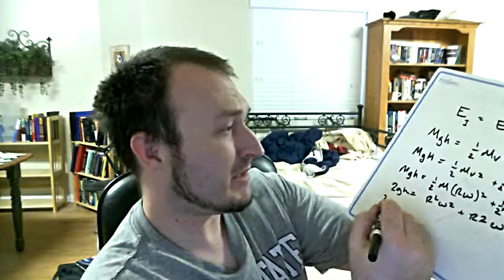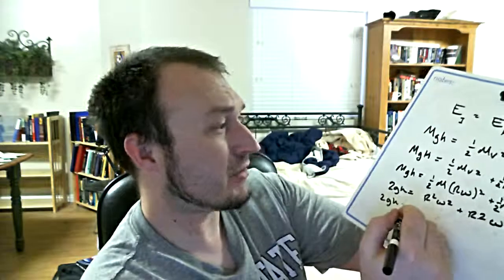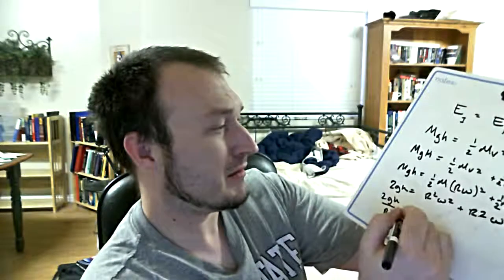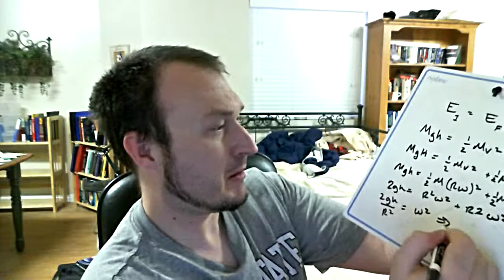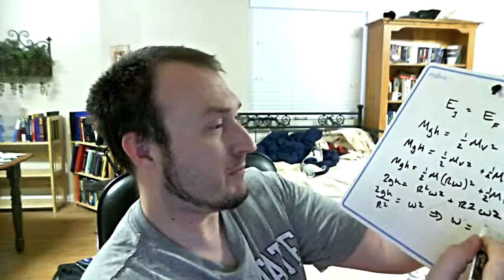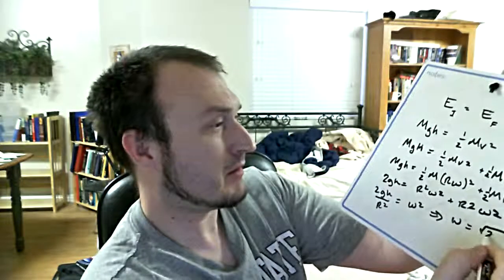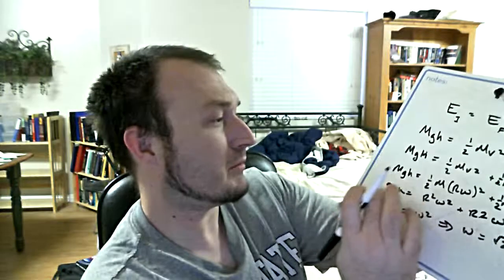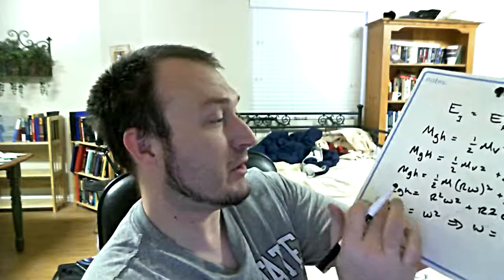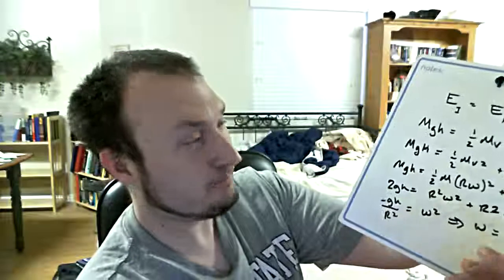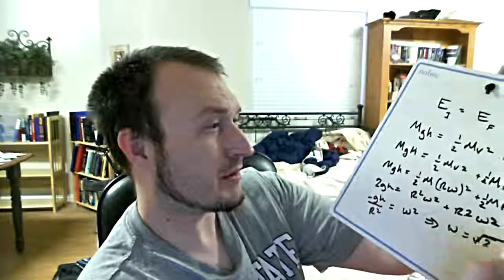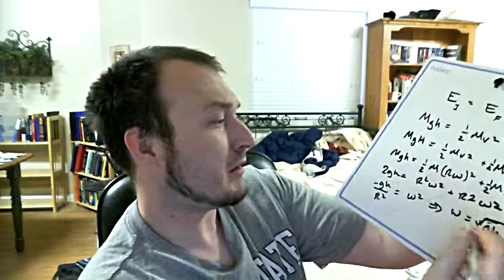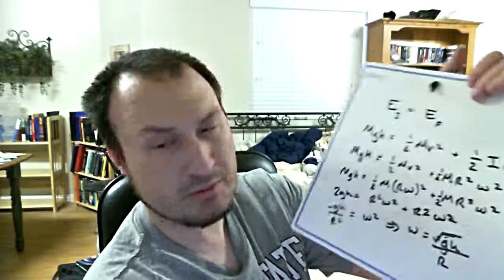Then this got me down here where I was happy to solve for omega, actually. That comes out, because we have 2 of them there. Skipping steps, getting sloppy. All right, so that was what my omega came out to.